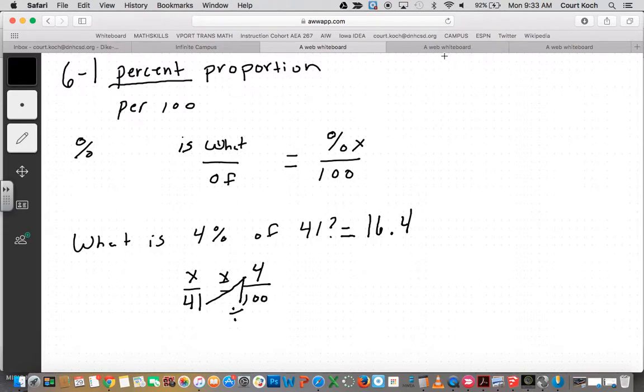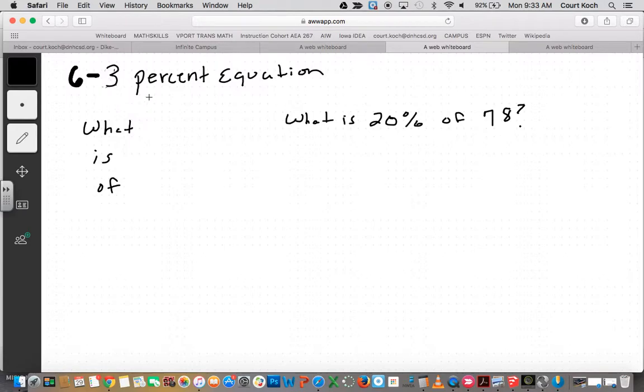Moving on to 6-3, we talked about the percent equation. I like the percent equation the best because it never fails. Is does mean equal, so we substitute that equal sign. What, I substitute an x for. Of means I multiply.